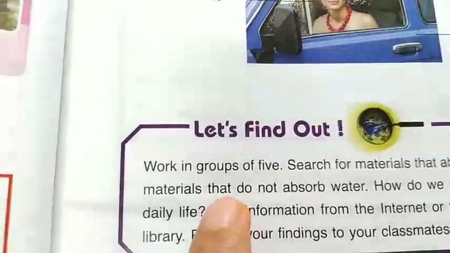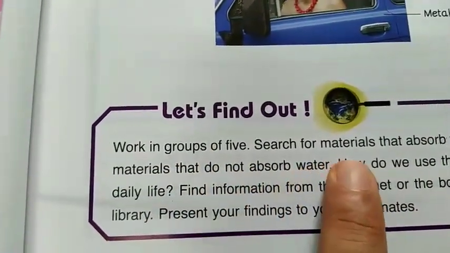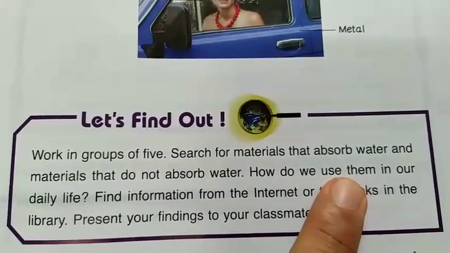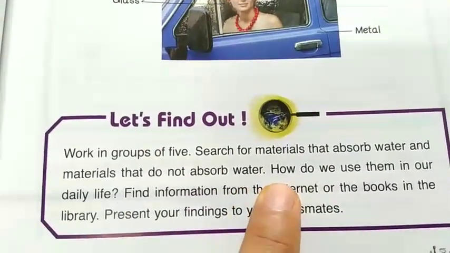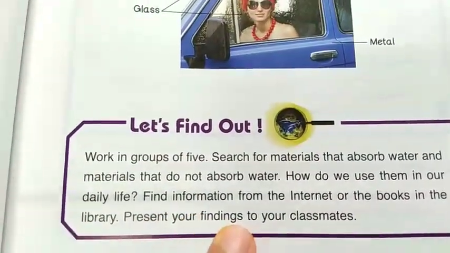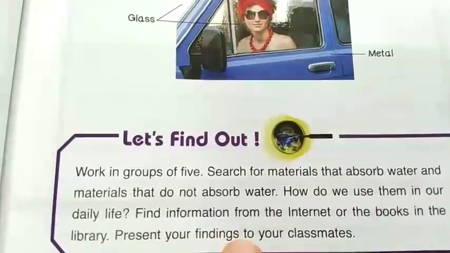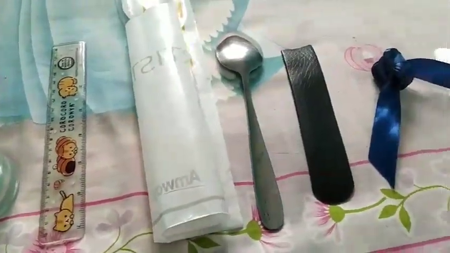Let's find out. Work in groups of 5 and search for materials that absorb and materials that do not absorb. How do we use them in daily life? Now, we don't need to present this in class, but I have here materials that we can use.